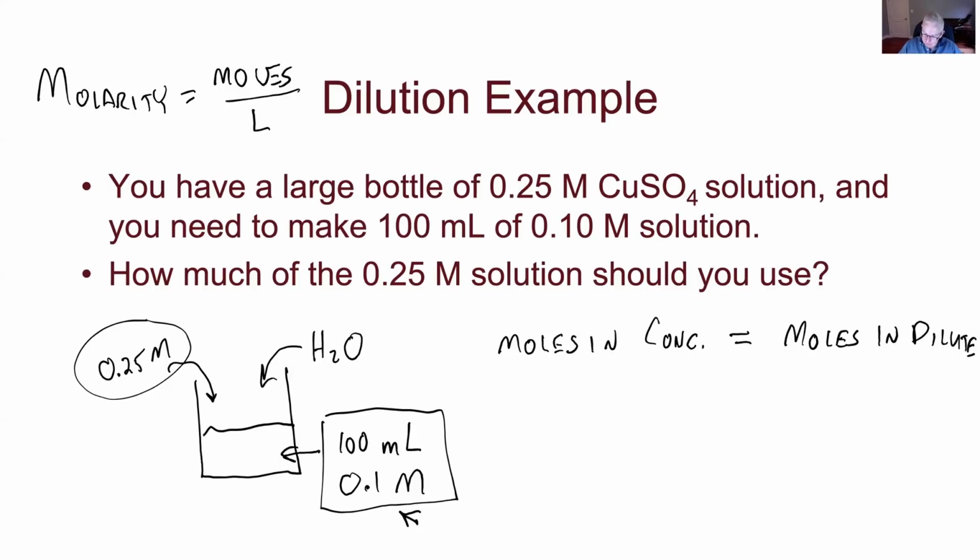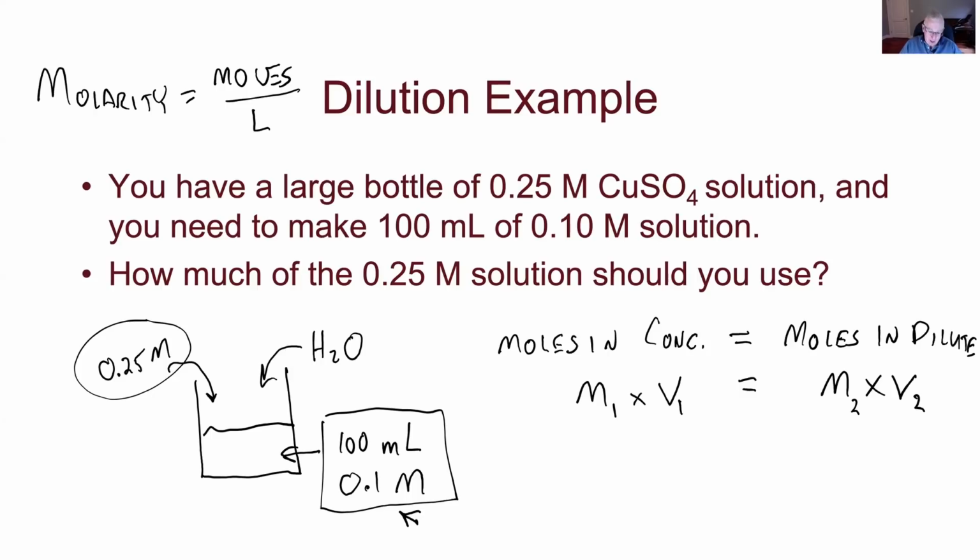So where it says moles in the dilute solution, I can call that M times V, where V is volume and M is molarity. And on this side, that's got to be equal to M times V again. So the equation we end up with is M1 V1 equals M2 V2, where the ones and twos represent the two different solutions, the concentrated one and the dilute solution, right?